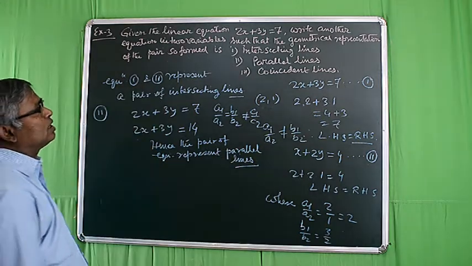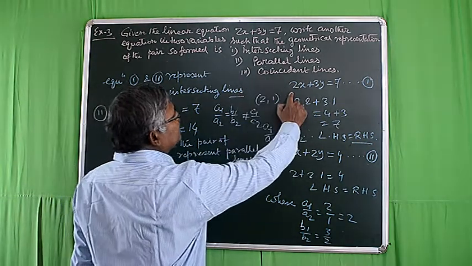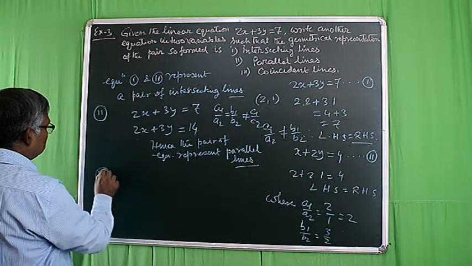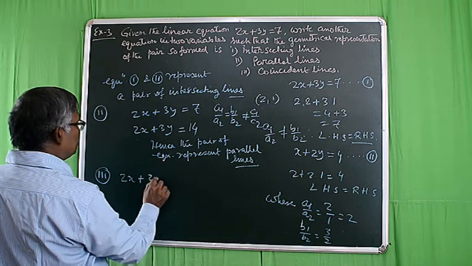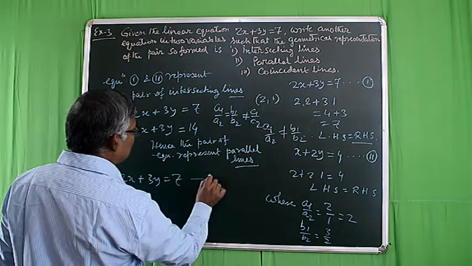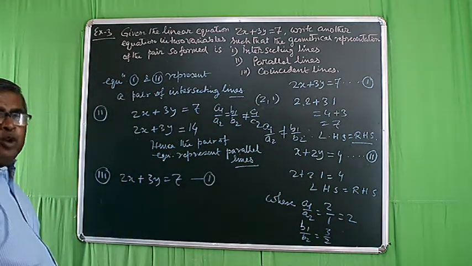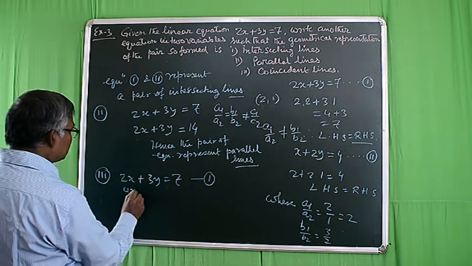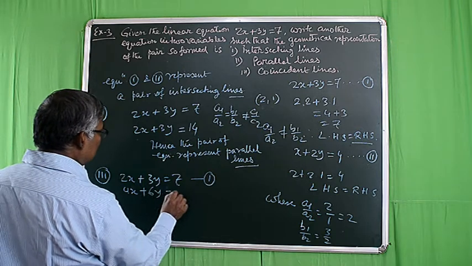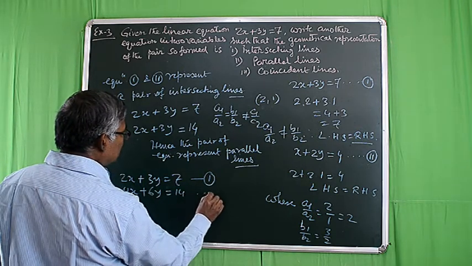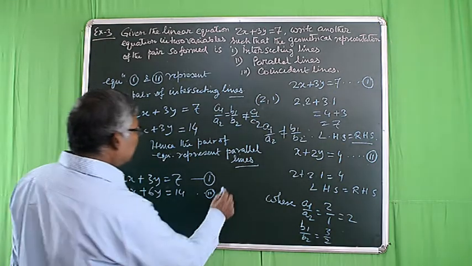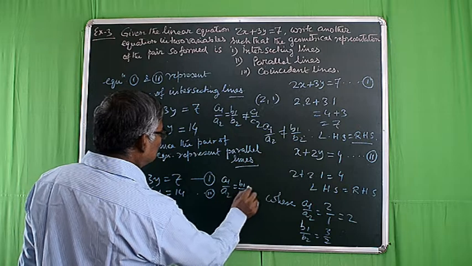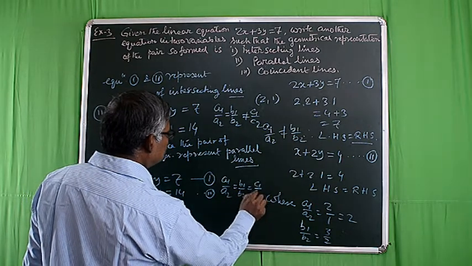Now we have to construct coincident lines which is coincident to 2x plus 3y equal to 7. Here the equation is 2x plus 3y equal to 7. Suppose it is 1. If we multiply both the sides by 2, we get 4x plus 6y equal to 14. Suppose it is equation number 2. So we see the ratio a1 by a2 equal to b1 by b2 equal to c1 by c2.